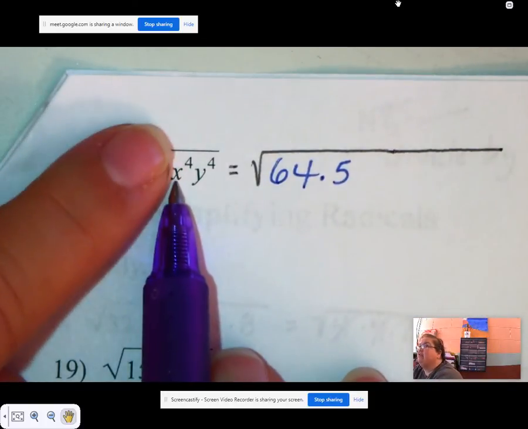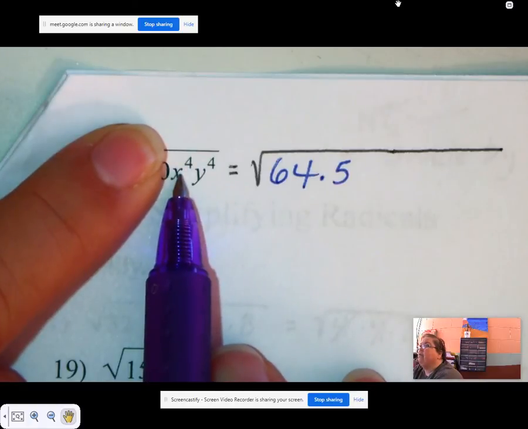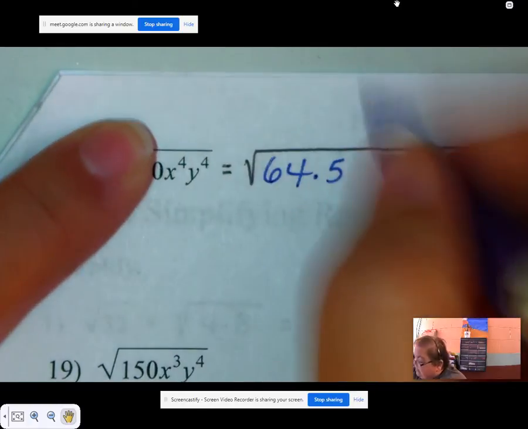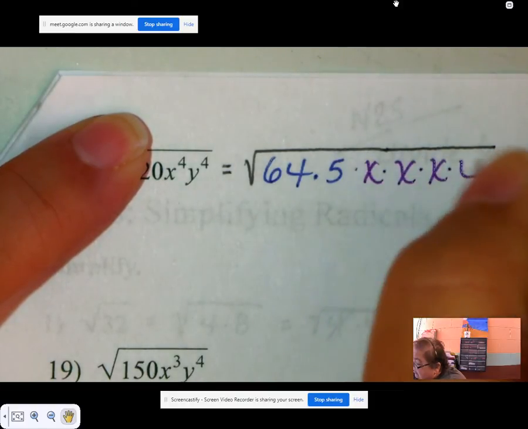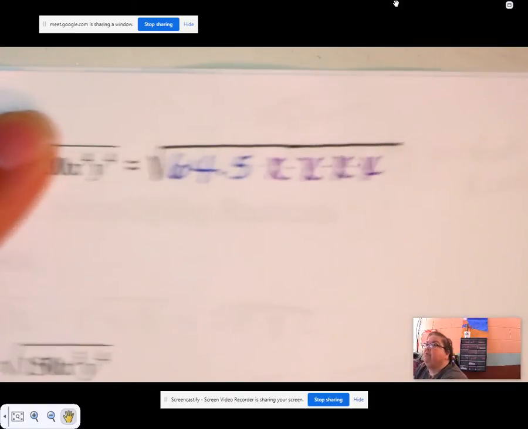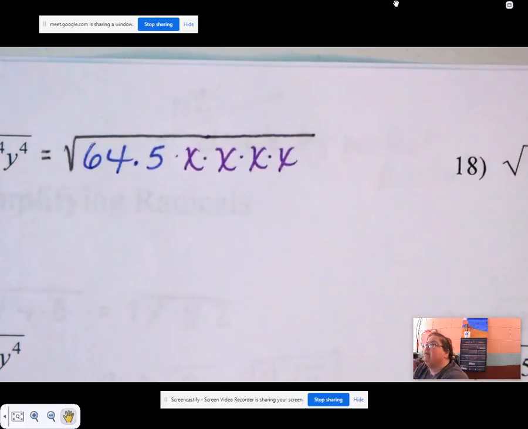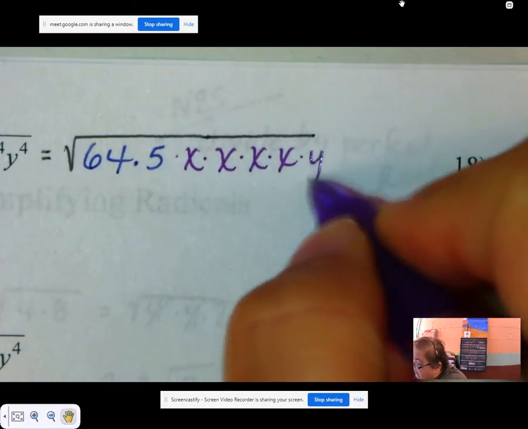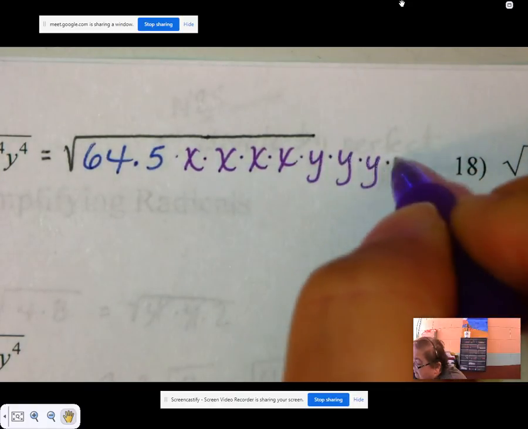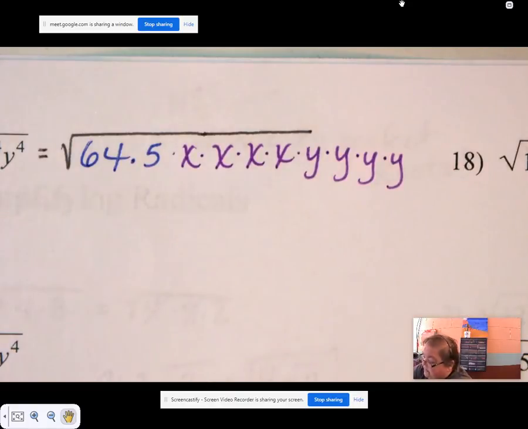How many x's do I have here? 4 of them. 1, 2, 3, 4. And I'm just putting the multiplication dots in between there to separate them, okay? And then we also have 4 y's. Okay?